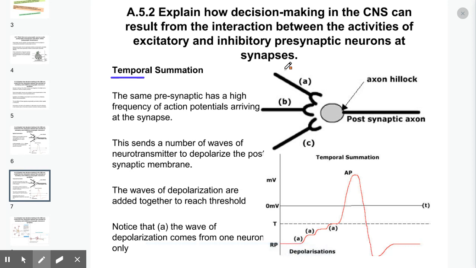If we can send a signal and then another signal and then another signal so that we depolarize, depolarize, and depolarize, all from neuron A, that will allow us to reach the threshold so we can reach our action potential and continue with that signal, as A plus A plus A is added up at this axon hillock, and then we can transmit our signal.